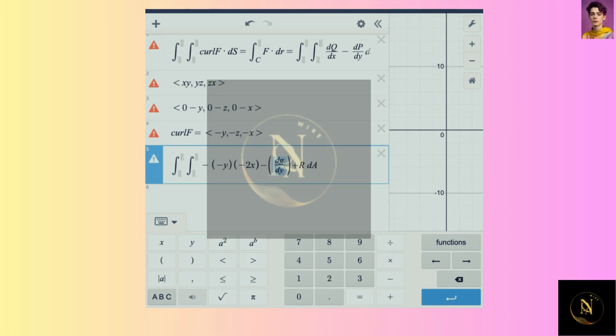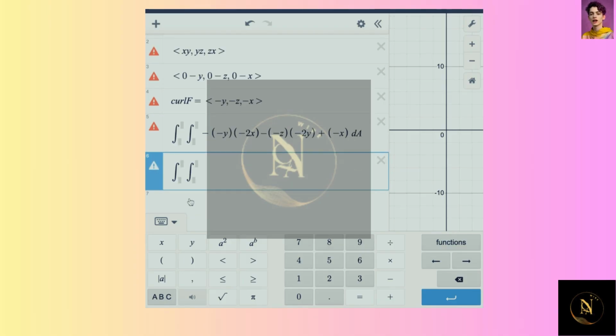And then this right here will be a negative z from the curl of F times a negative 2y plus a negative x. And we'll combine this together, and we'll end up getting negative 2xy minus 2yz minus x dA.